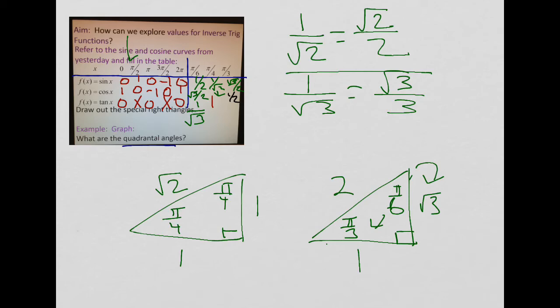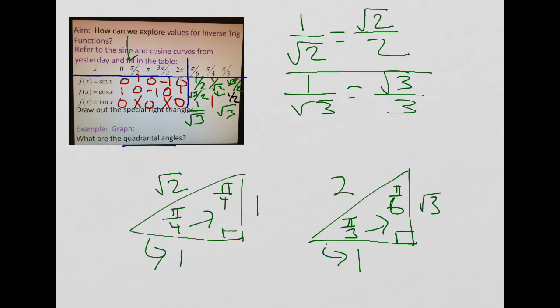Okay, we already did tangent of pi over 4. Since it's opposite over adjacent, it's 1 over 1, and that's why the answer is 1, which we already established. And tangent of pi over 3, if we do opposite over adjacent, we get radical 3 over 1, which is just radical 3. Okay, and there we have it.